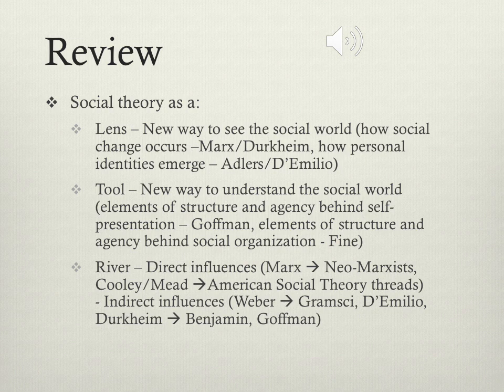So again, we start to really understand what's going on on top of understanding things in a new perspective. So overall, those were the main two metaphors we looked at: seeing things in a new way and understanding things in a new way with respect to what goes on in our social world.